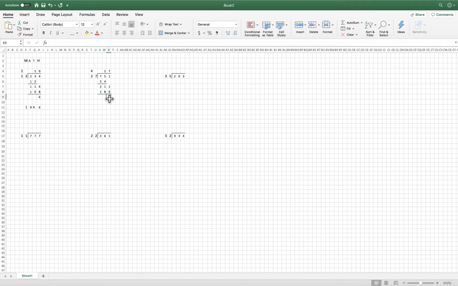So we got 11 minus 9 is 2. We got 20 minus 18, which is 2. All right, here we go. So our answer in this case is 27, remainder 22. And the reason why we get that remainder of 22 is because we can't put any more 27s into 22.